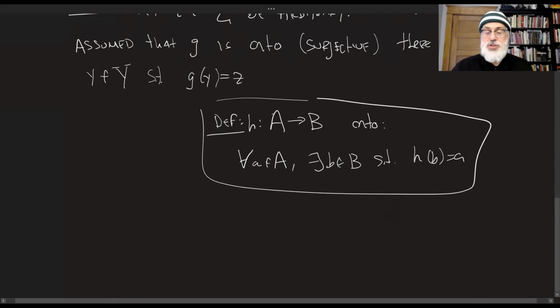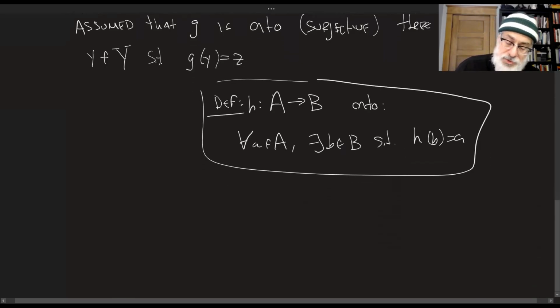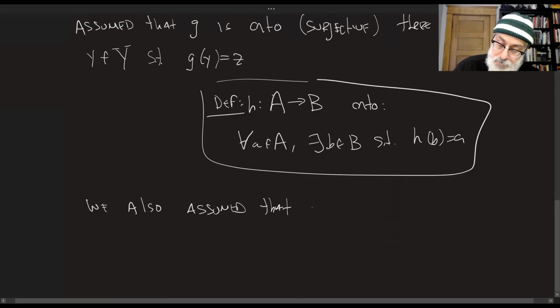All right, so we assume g is surjective, so there exists a y in the set Y such that g of y equals z. Now we also assumed that f is onto.